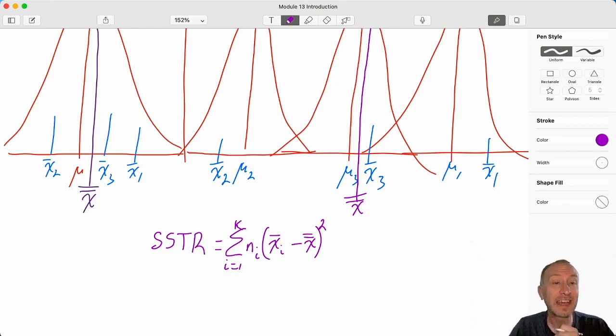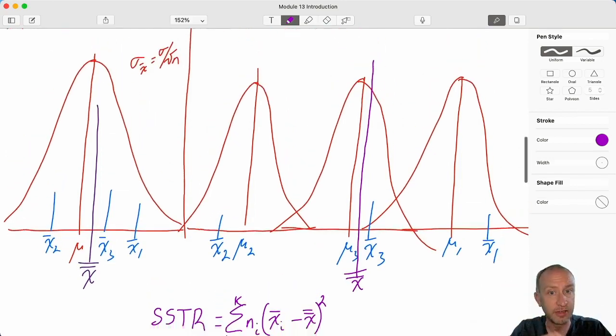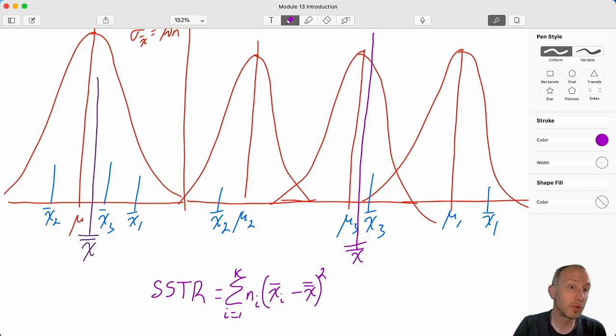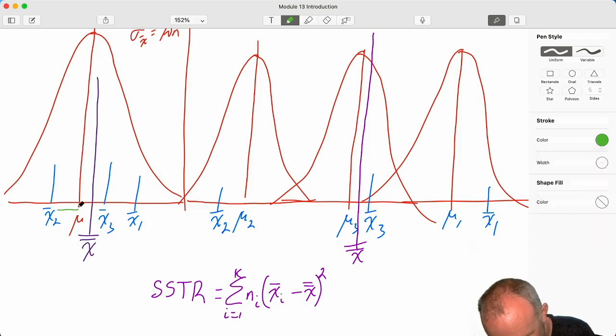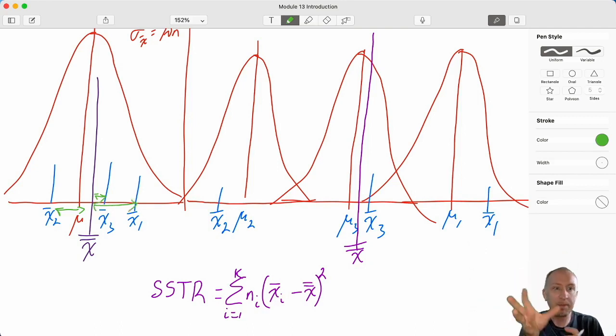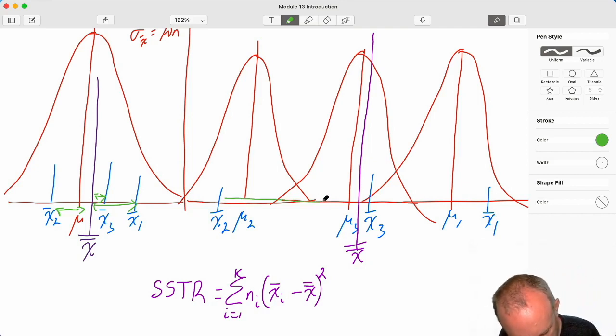Now, it's extremely helpful if we recognize how this calculation is impacted by whether the null is true or the alternative is true. I can see that in a world where the null hypothesis is true, the differences between my x bars, my sample means, and that grand mean are fairly small compared to these differences, except for this one.